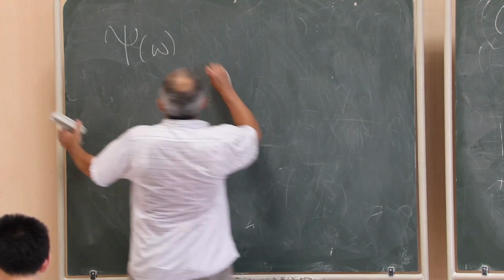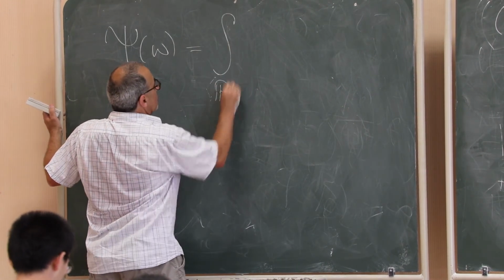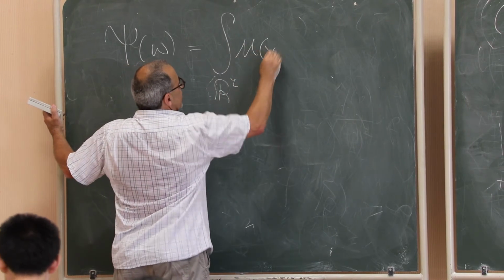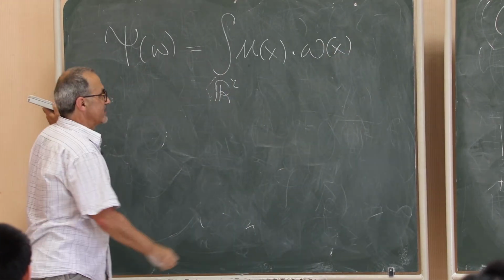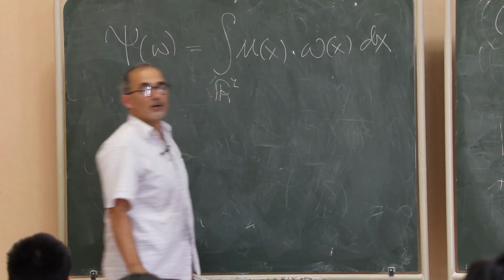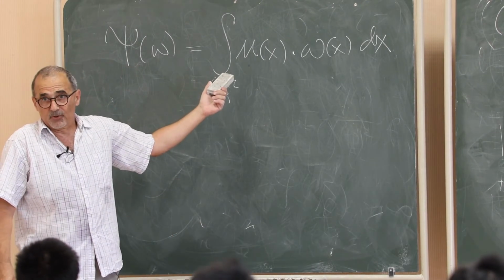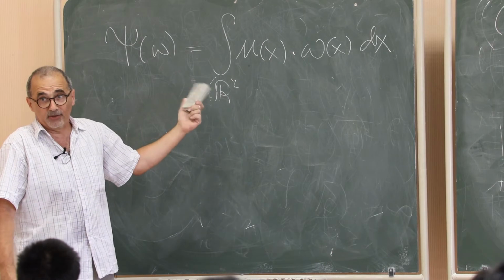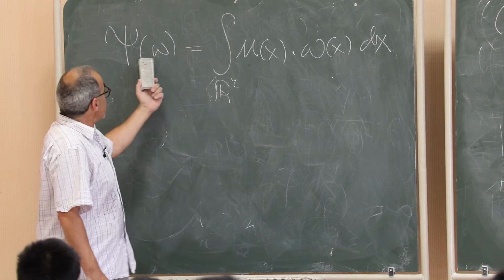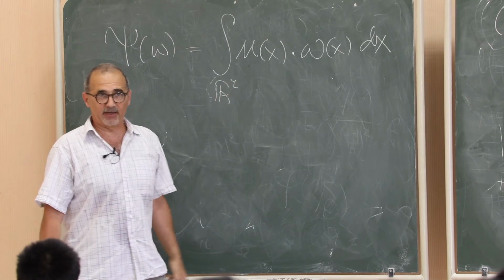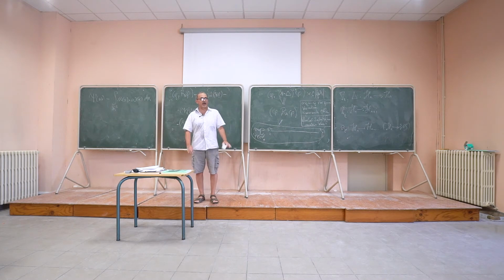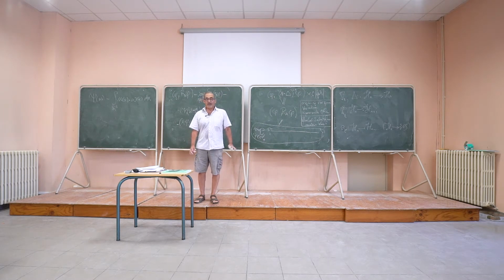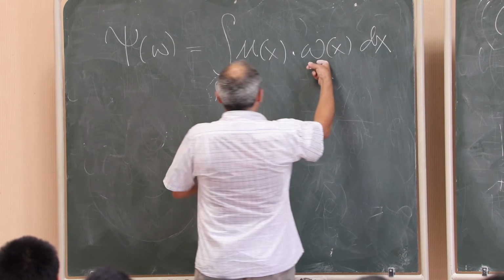So it's chosen like the integral on R2 of u of x, where u is a vector field, dot omega of x dx. u is a test function. I want to optimize; I want to find a good test function. Mind that this must be in L2, which imposes something on the square integrability of u. There is some condition on u, because otherwise you must stay in L2. But if you choose a proper test function, then you are right.